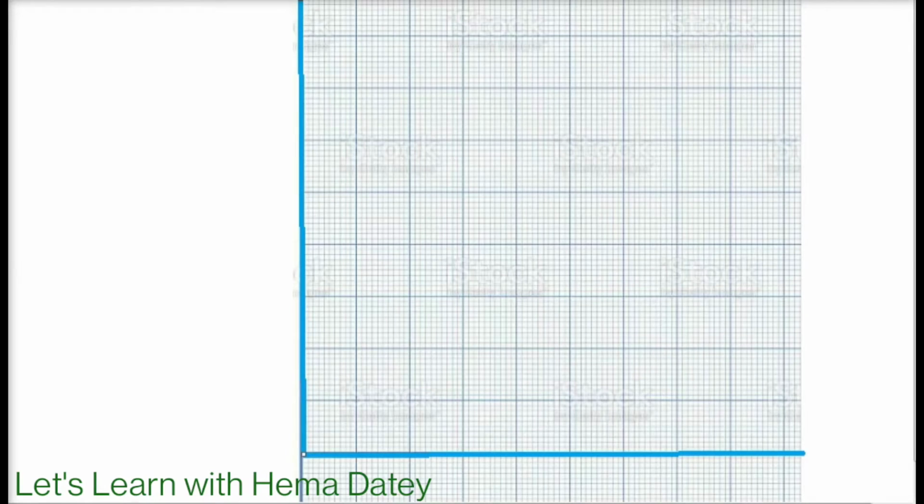Here this horizontal line is x-axis and this vertical line is representing y-axis. The intersection point of x-axis and y-axis is origin O and the coordinates of O are 0, 0.